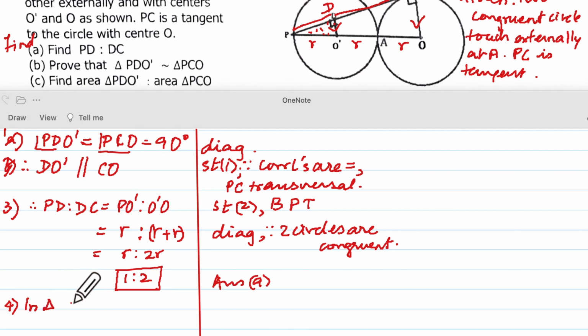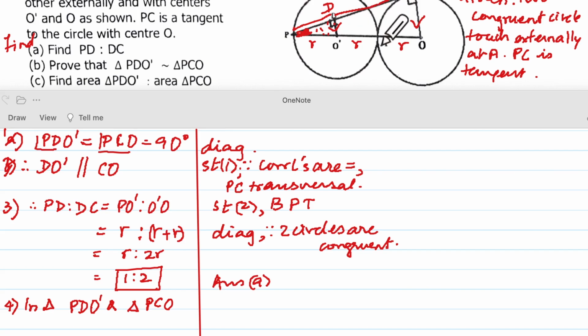In triangle PDO dash and triangle PCO, can you see this angle is the common angle? Although I can say that PD upon PC will be equal to PO dash upon PO.